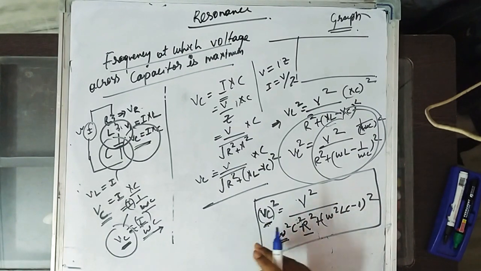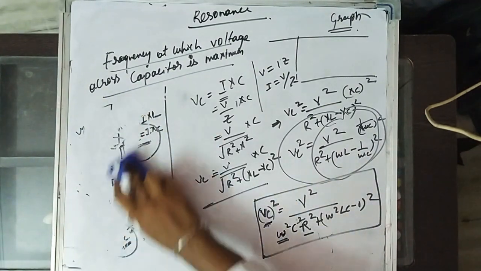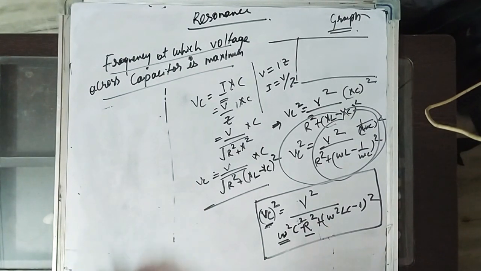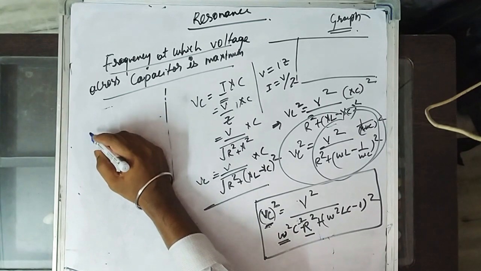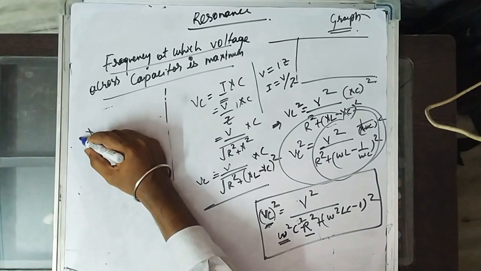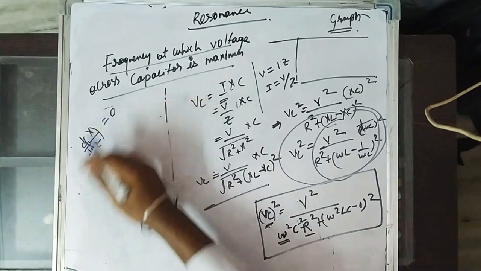In general, to get the maximum value of any characteristic, you differentiate that characteristic with respect to the varying variable and equate it to 0.